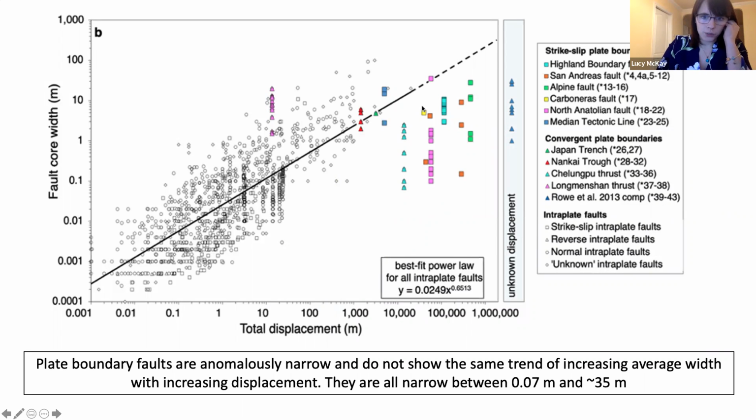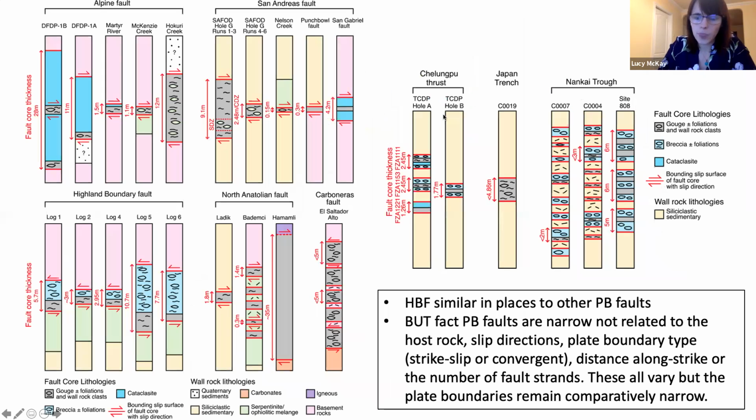Instead, the Highland Boundary Fault being included, which are these turquoise squares plotted here, they're all narrow, between 0.07 and 35 metres wide. In order to test whether this was related to their structure, I constructed schematic structural logs, like what I did in the field for Stonehaven, to capture the variability, and then showed that in places the Highland Boundary Fault is similar to other plate boundary faults.